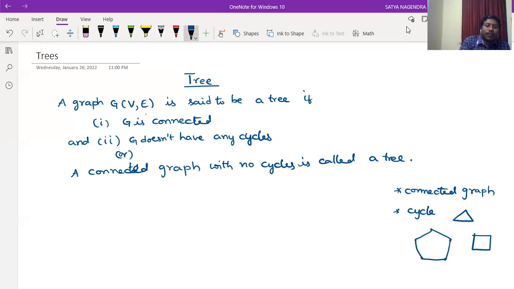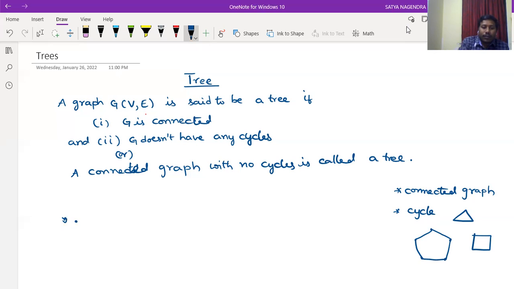So, when you can say that a graph is a tree, a graph G(V, E) is said to be a tree if it is connected and it doesn't have any cycles. Okay, then we call it a tree. So you observe here a graph containing only one vertex.